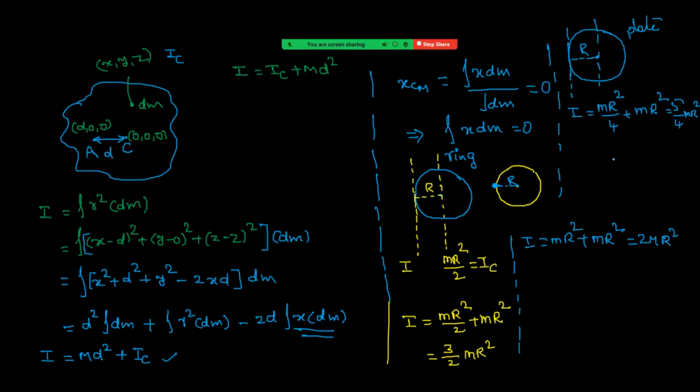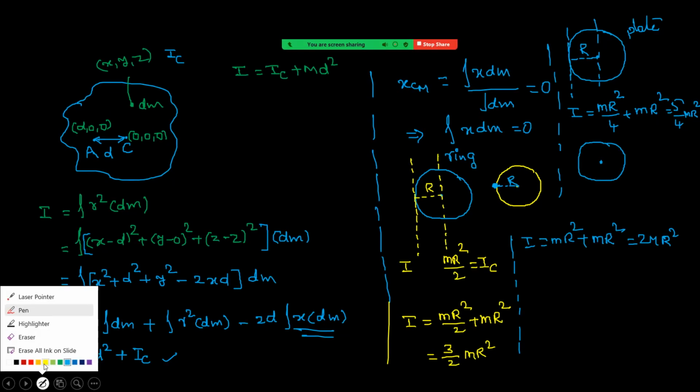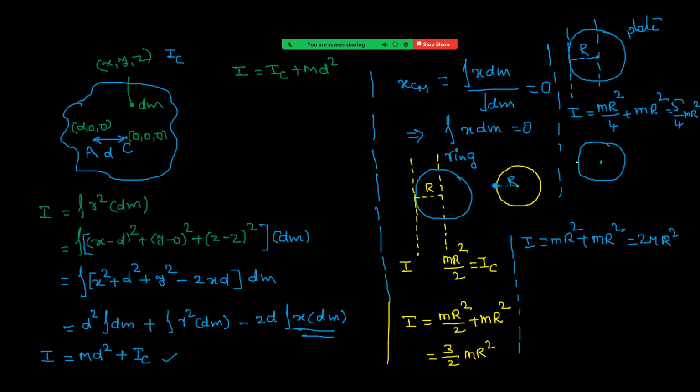Okay. Now take one more tangent which is normal to the plane of the disk. Then see that will be parallel to its own axis. I am taking a tangent normal to the plane of the disk. It is parallel to its own axis.